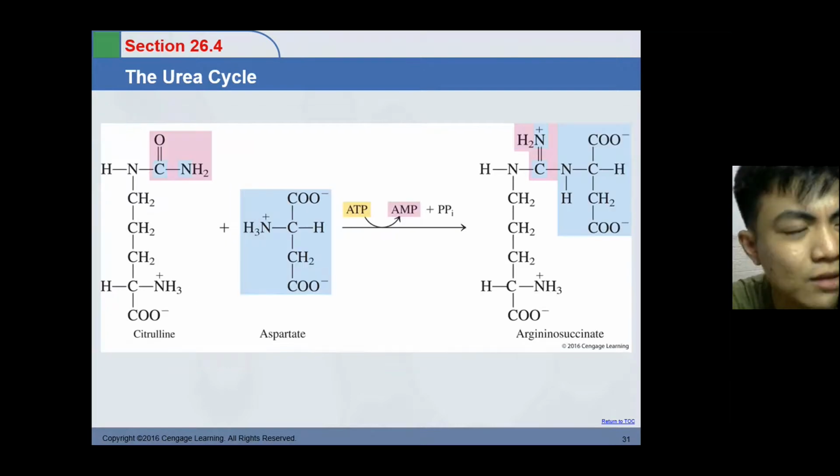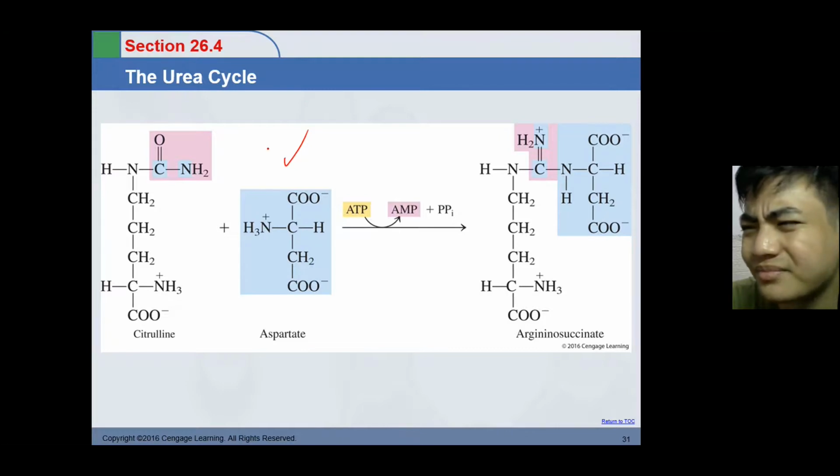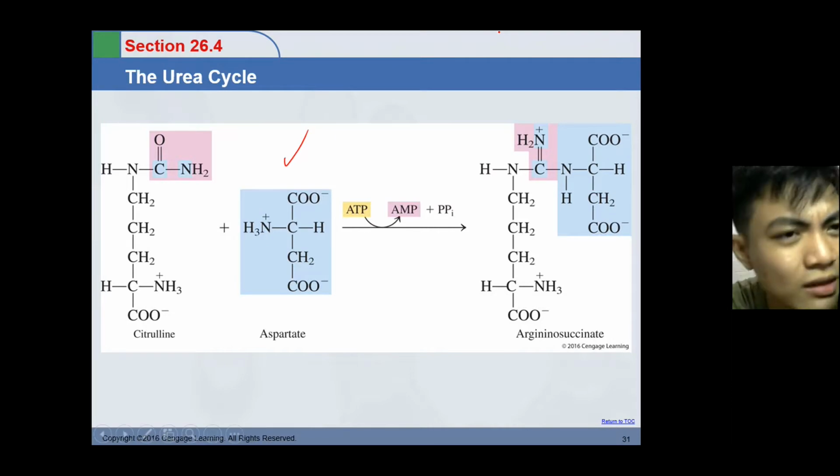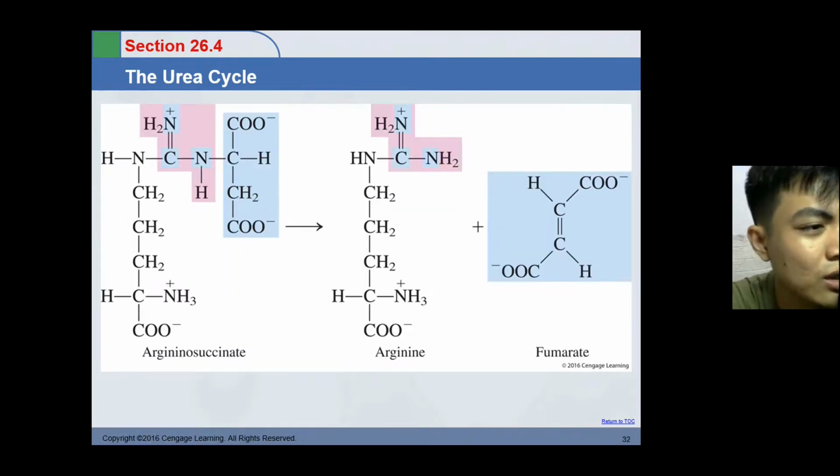And then once we have the citrulline, it will condense with the aspartate. Okay? So again, aspartate is one of the products of transamination process. Okay? Ayan. So yung aspartate natin, magko-condense siya to form what's called an argininosuccinate. And then eventually, there will be a cleavage. Okay, so argininosuccinate will be cleaved by an enzyme to produce arginine and fumarate.